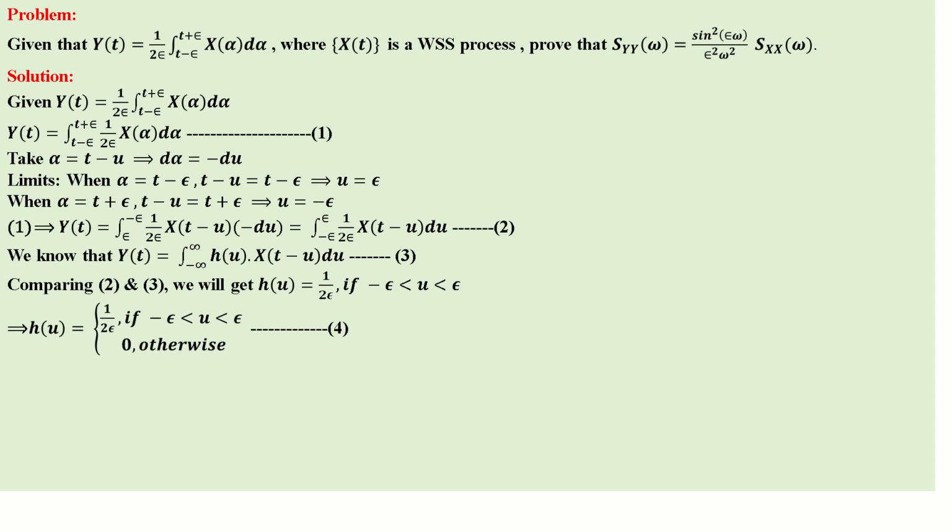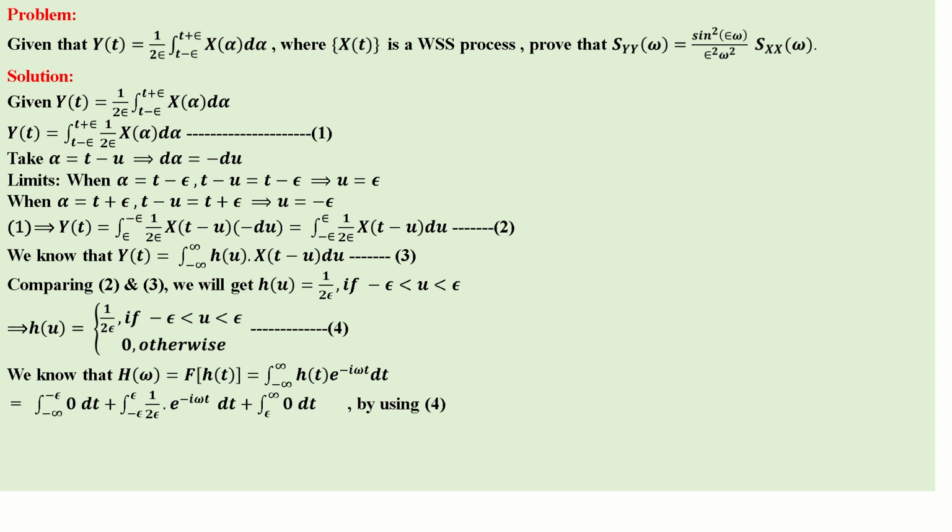Now H(ω) is the Fourier transform of h(t), the impulse response, which is equal to ∫ from −∞ to +∞ of h(t) e^(−iωt) dt. We split the integral into 3 parts. First, −∞ to −ε, in which h(u) equals 0, so 0 dt.